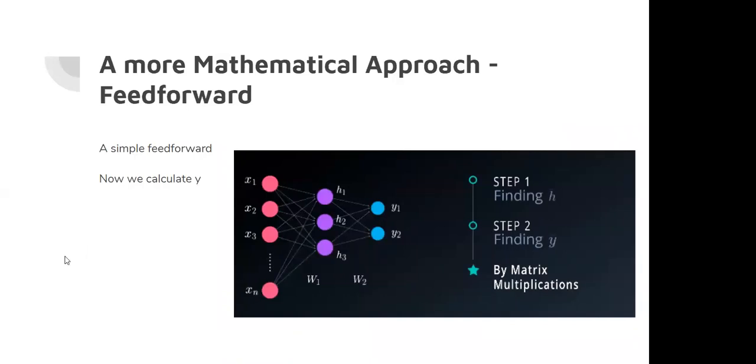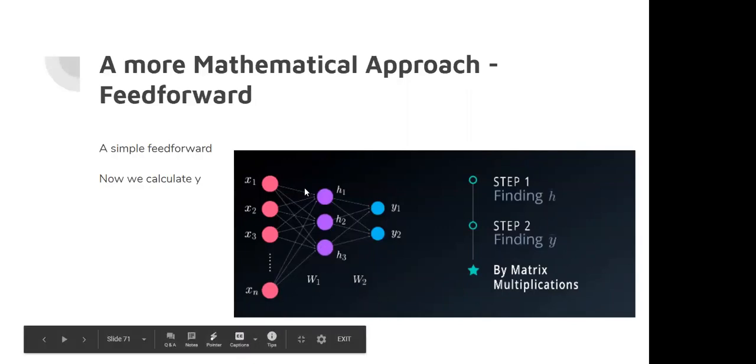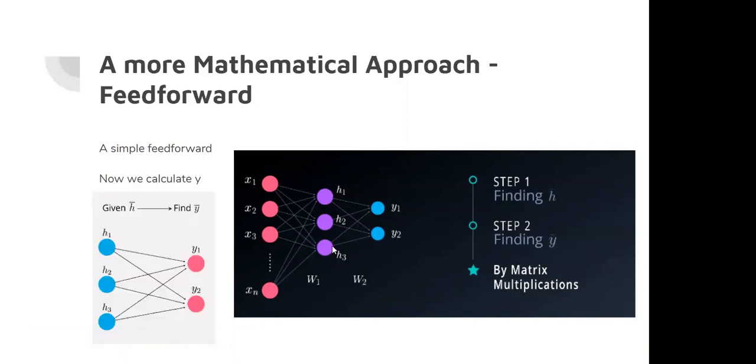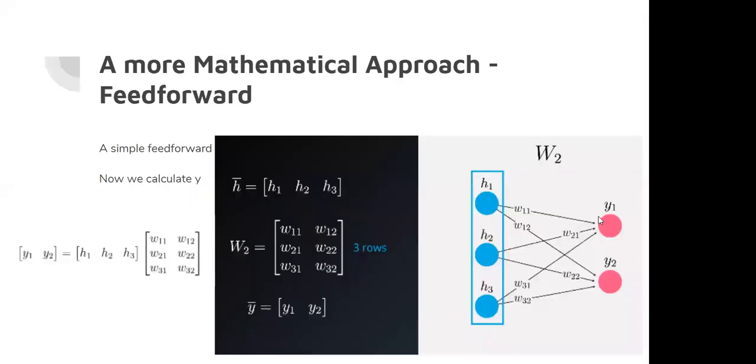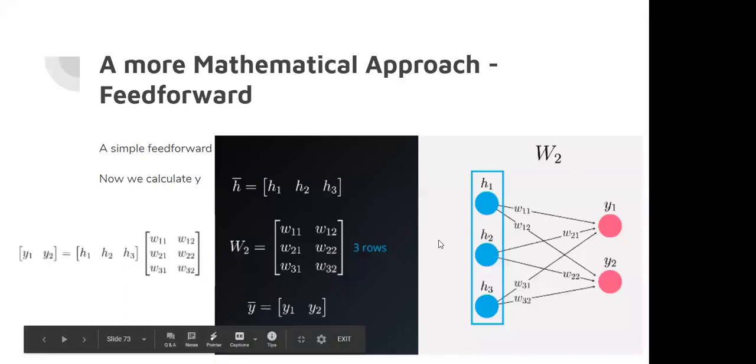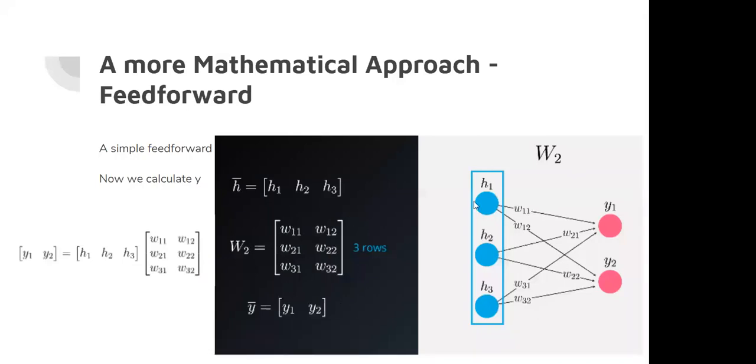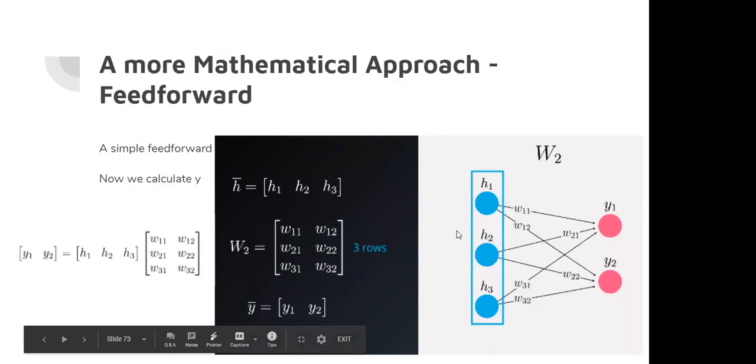We got our H. Now we need to calculate Y. Pretty simple, guys. Now you know the drill. You have the weight W2. You have H1, H2, H3. You just need to do a matrix dot product. So you have W2, which is laid out like this. Again, look at this: how many rows? The number of weights that are originating from here, and the number of columns is the number of outputs.